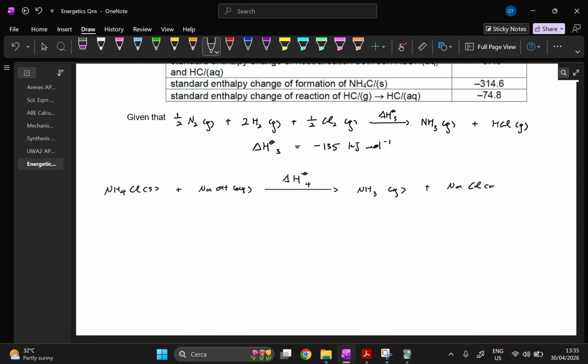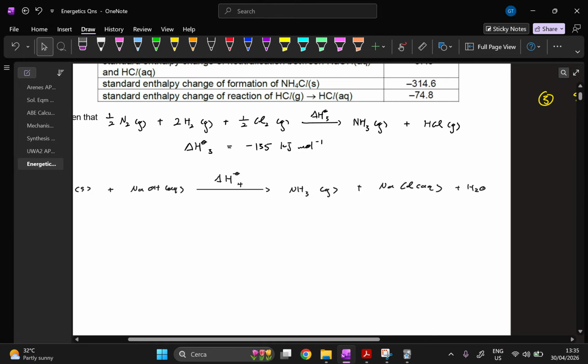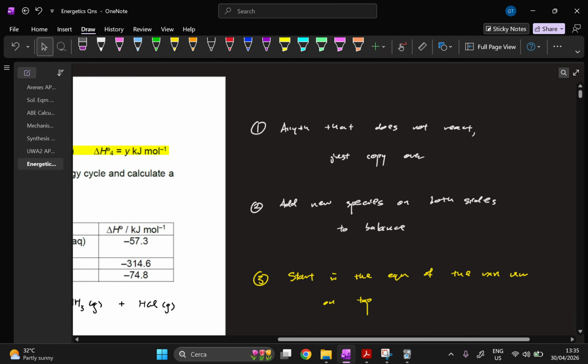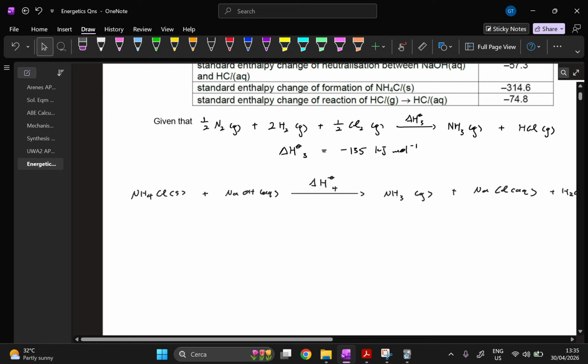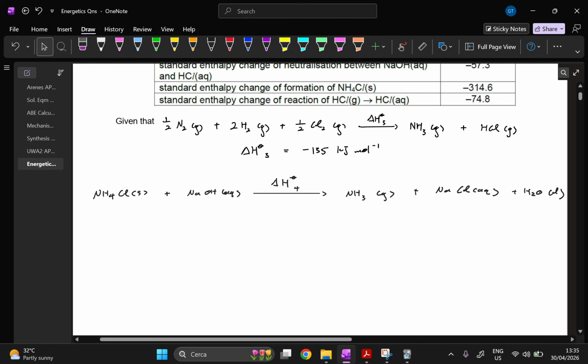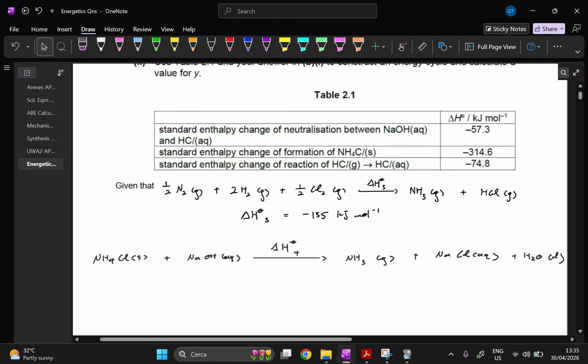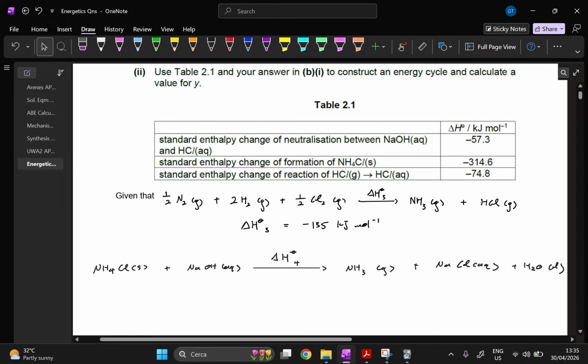So I'm going to use this question mainly to teach you the second skill over here, the skill of adding new species on both sides to patterns. This is a tricky question, and what makes it so hard is that you can't think of exactly where to insert these 4 pieces of information that you are given.